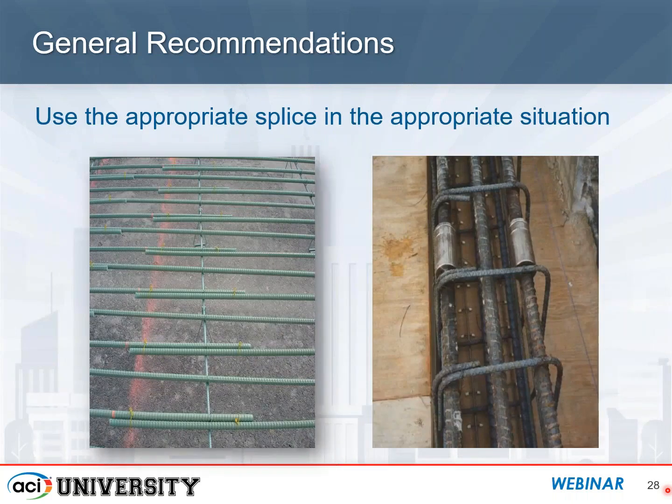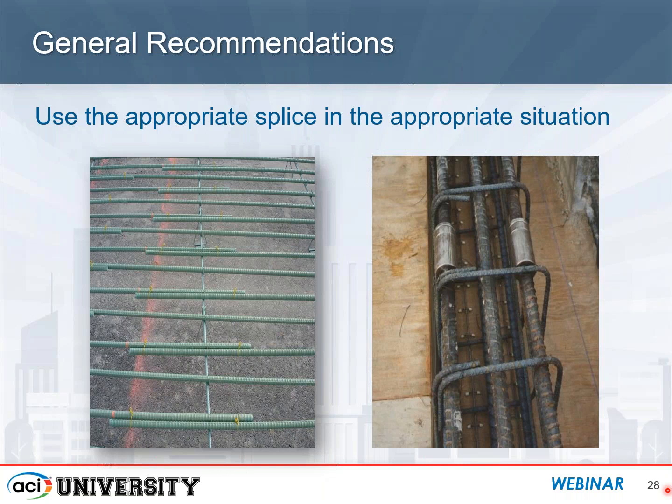We're going to talk about splices a little bit later when it comes to beams, but knowing what is the appropriate splice to use in the appropriate situation can really enhance constructability. What we're showing here on the left is a typical slab where there's no issues really of any congestion. The bars are spaced out nice and evenly.